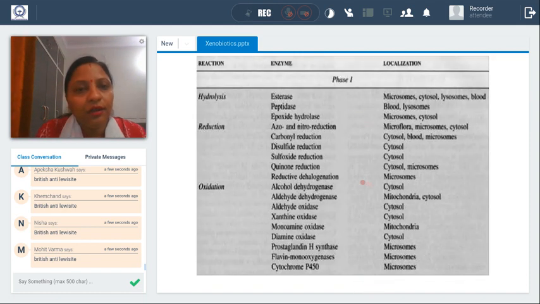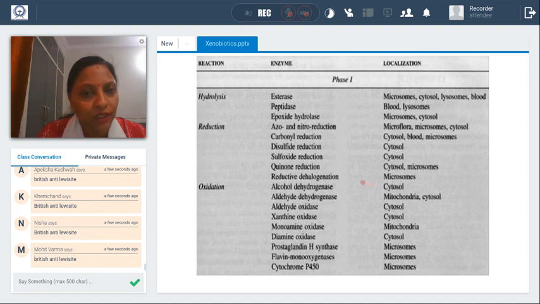So these are the enzymes involved in phase 1 reactions. Hydrolysis involves esterase and peptidase, which are present in microsomes, cytosomes, lysosomes. Reduction involves azo and nitro reduction, carbonyl reduction, disulfide reduction. Likewise, oxidation is the most important, most common, most frequent reaction of phase 1.